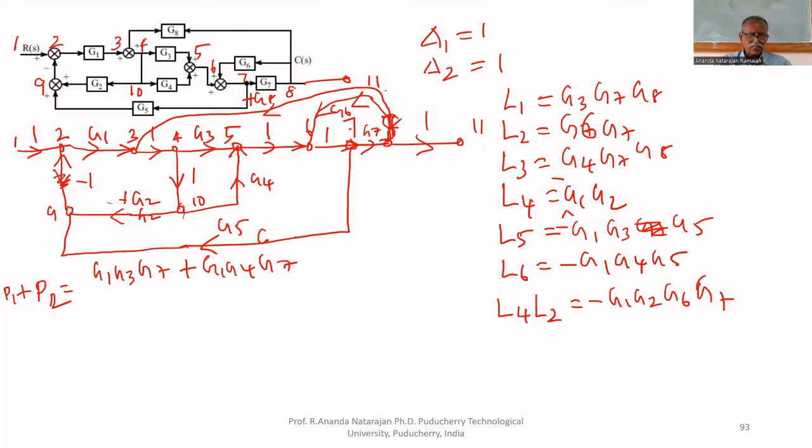We wrote G1, G4, G5. Okay. 1, 2, 3, 4, 5, 6, 7. Two more we have to get. So G6, G7 we got.